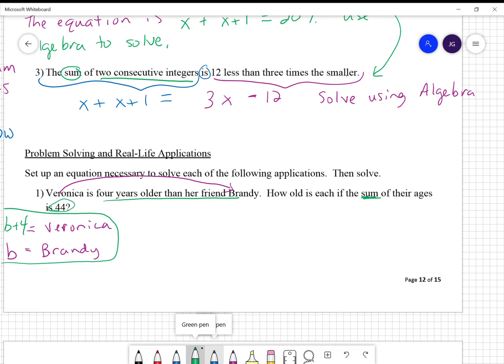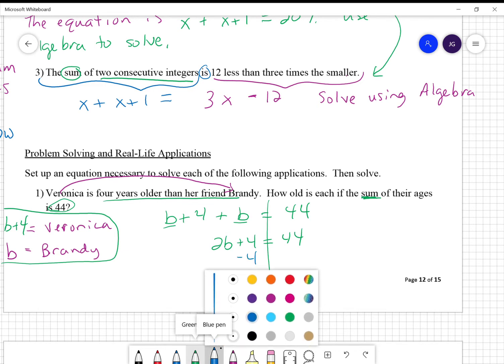Sum means add. I'm going to take Veronica and add Brandy, and I will get 44. Solving this equation. B plus B is 2B. Subtract 4 on both sides. Sorry, that was supposed to be in a different color. There we go.